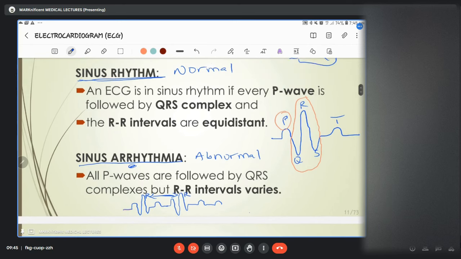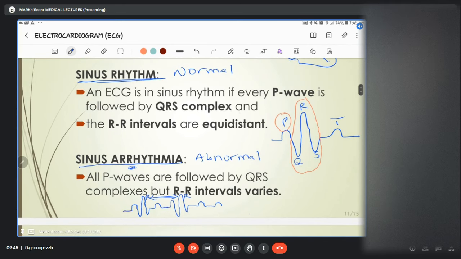So those two criteria: first, P wave followed by QRS complex; secondly, RR intervals must be equal in distance. That is what makes it sinus reading, a normal ECG. Now, when you're talking about arrhythmia, P waves must still be followed by QRS complex just as in sinus reading, but the RR intervals will vary.